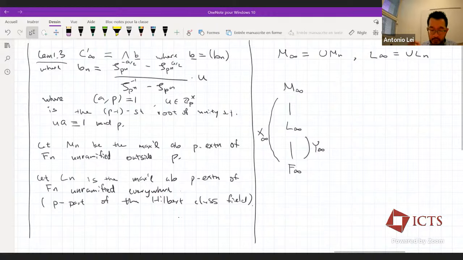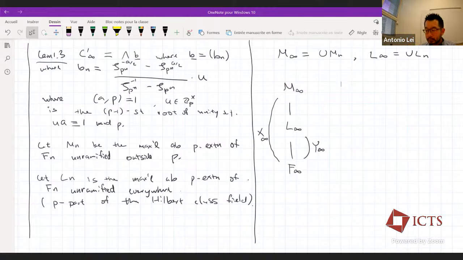I'm looking at the unions of these Hilbert class fields. The Hilbert class field is given by the class group, so the Galois group of this extension will give you the class group.